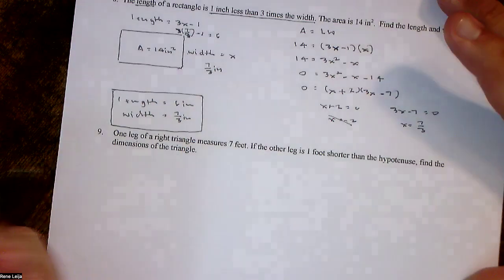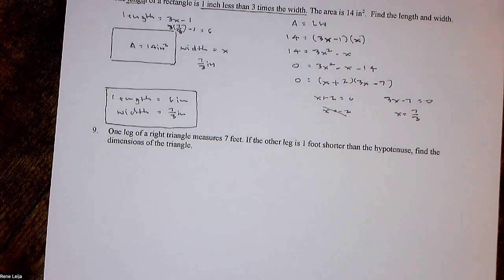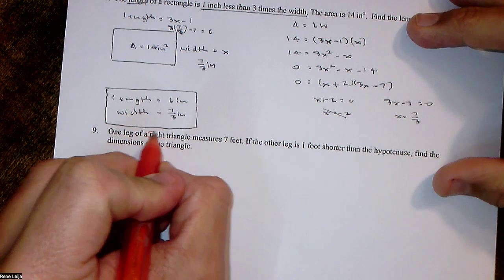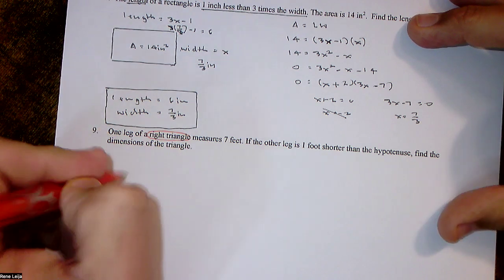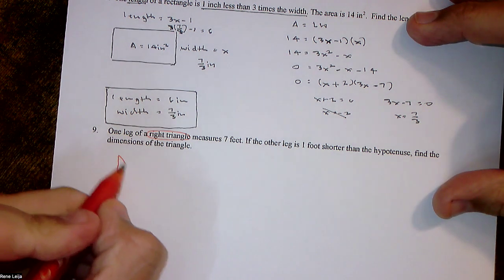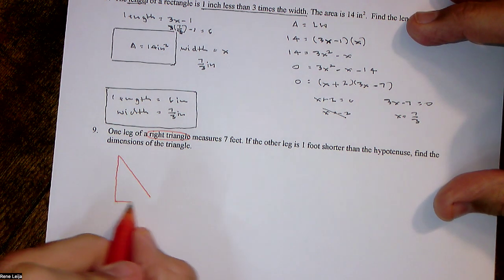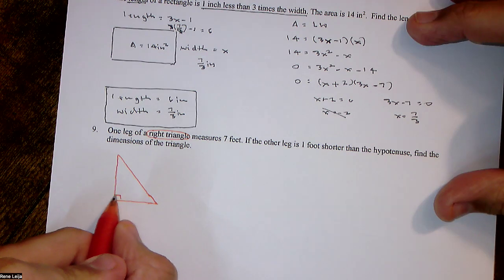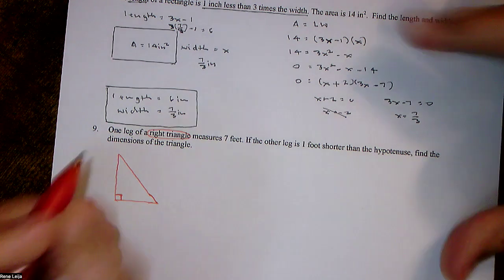So they told us exactly what kind of triangle we are going to be looking at. They told me a right triangle. So I'm going to draw a picture. Okay, so here's my right triangle. All right, now this is a leg.